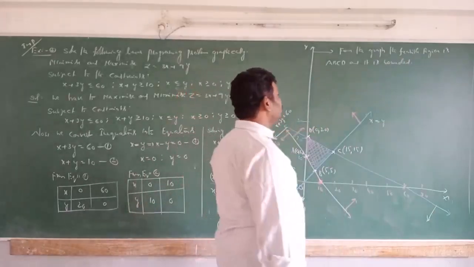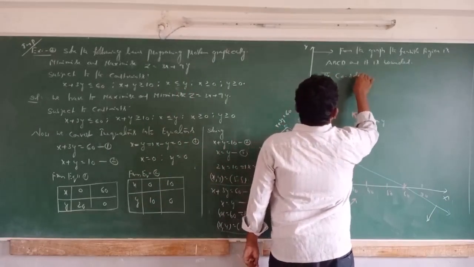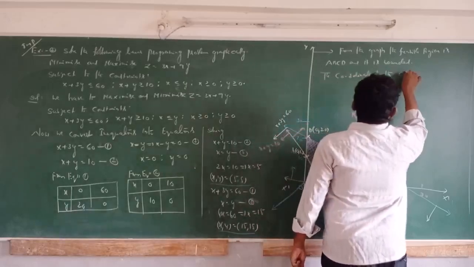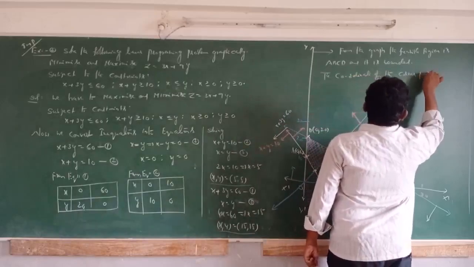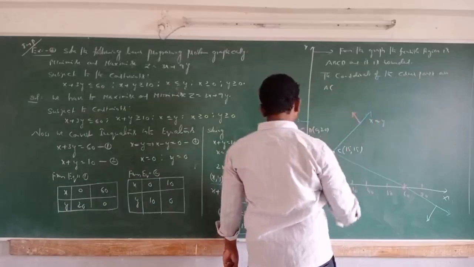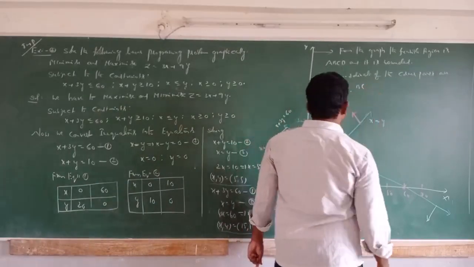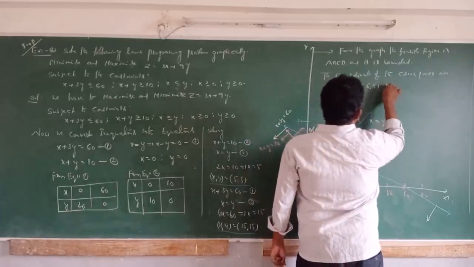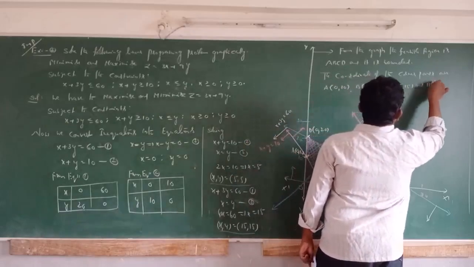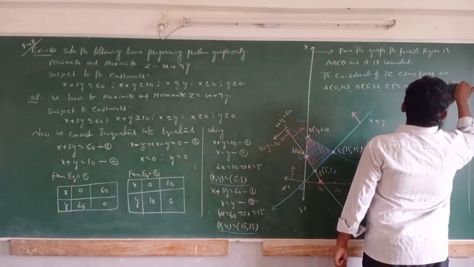Then the coordinates of the corner points are A of 0 comma 10, B of 5 comma 5, C of 15 comma 15, and D of 0 comma 20 respectively.